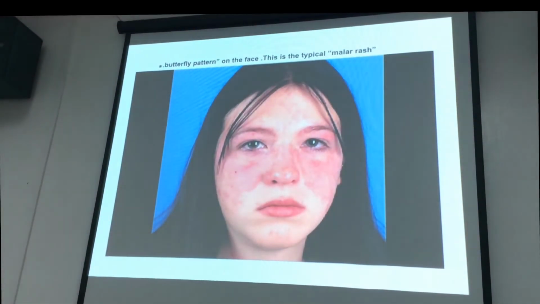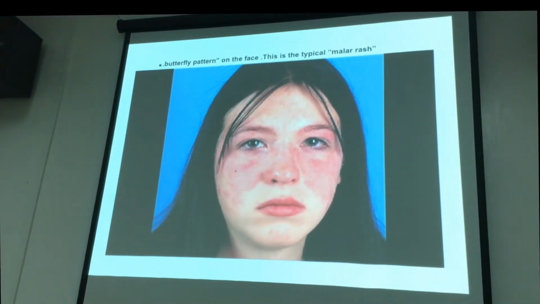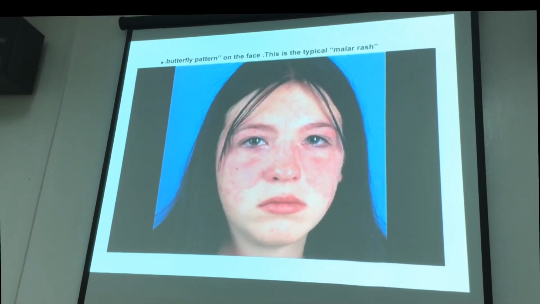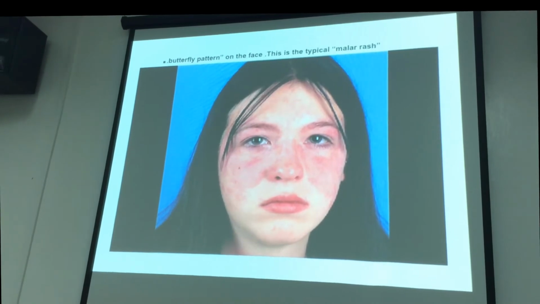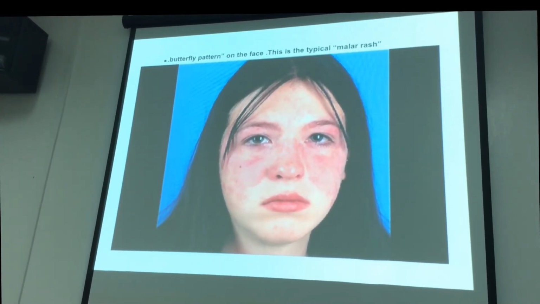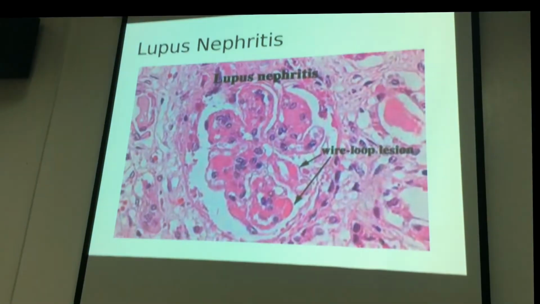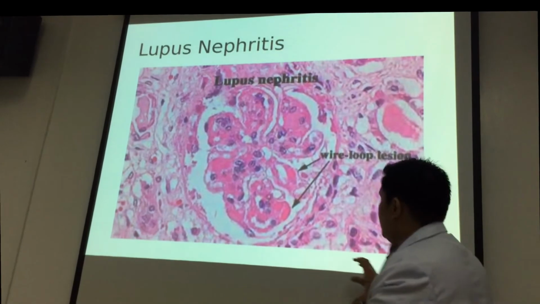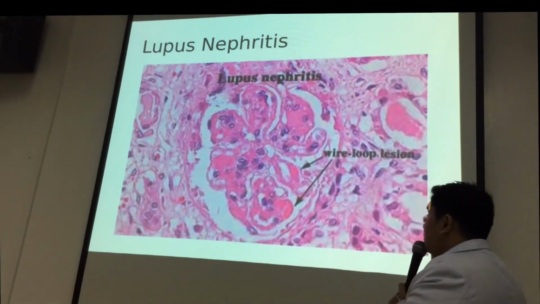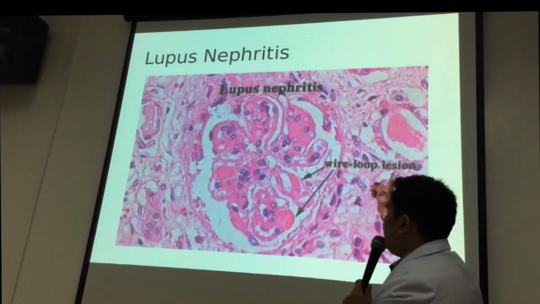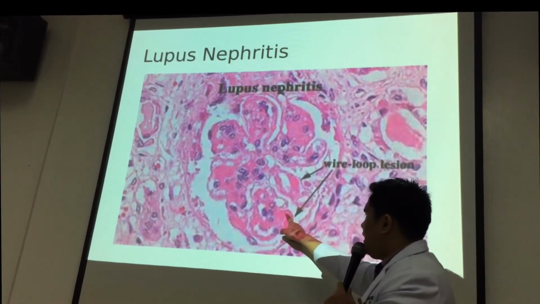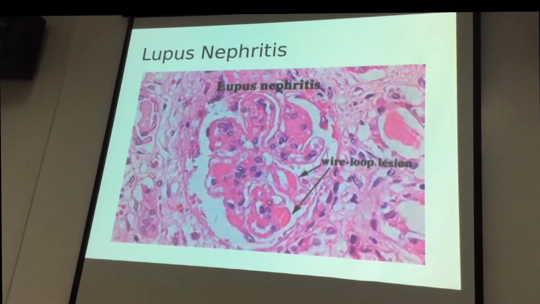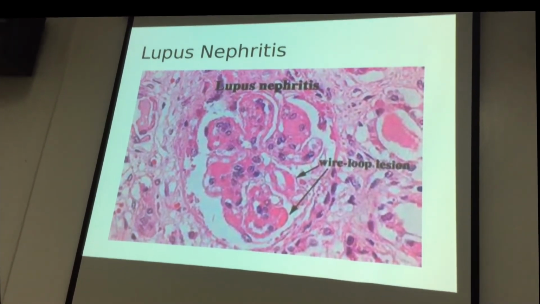So they present with a classic malar rash, or your butterfly rash, although this is not necessarily seen in all the patients with SLE. So in the kidneys, again, the glomeruli are involved. What is the classical finding for your lupus nephritis are the wire loop lesions, C-shaped or circular thickening of the capillary walls.